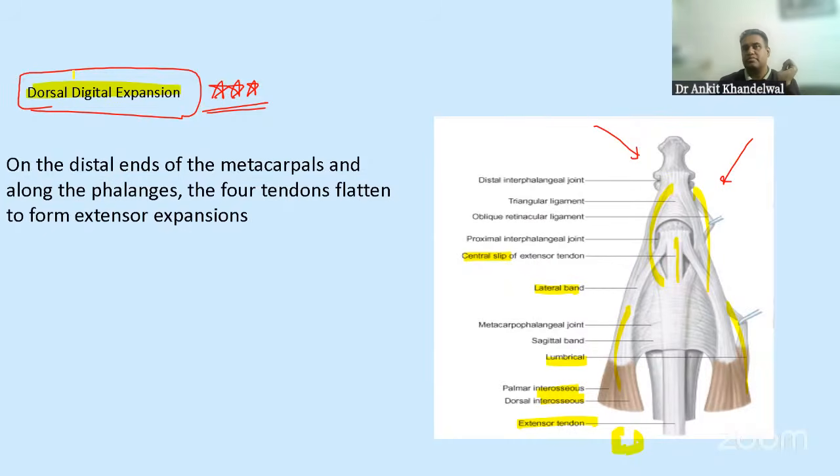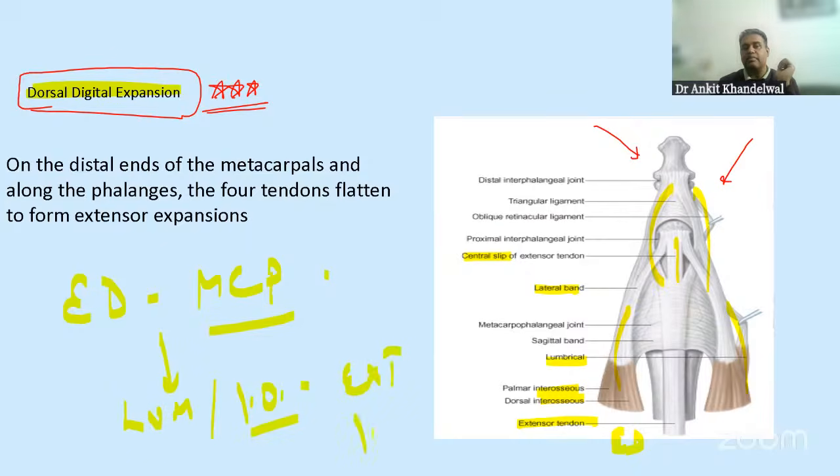Understand that. So the extensor digitorum tendon is acting at the MCP joint only, practically. And as you go distal from here, it is the lumbricals or the interossei who are extending the interphalangeal joint. Remember this point.